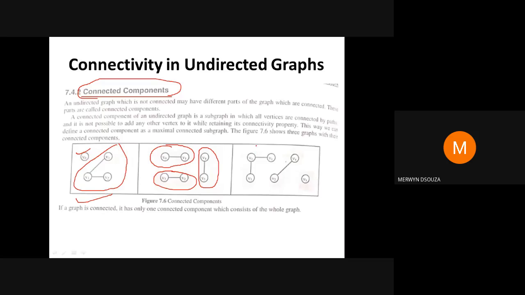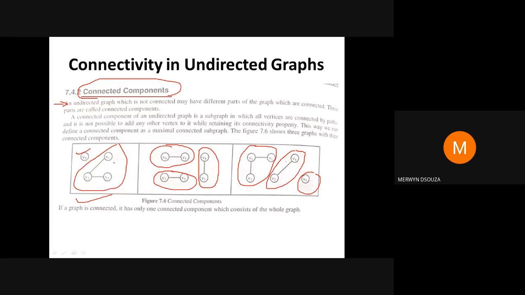Similarly, here you can see 1, 2, and this isolated one is by itself. The definition is here: a connected component of an undirected graph is a subgraph in which all vertices are connected by paths, and it's not possible to add any other vertex to it while retaining its connectivity property.